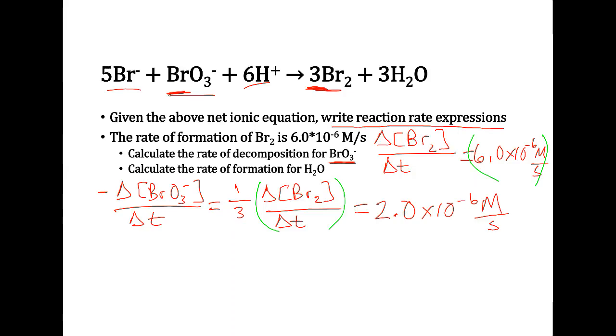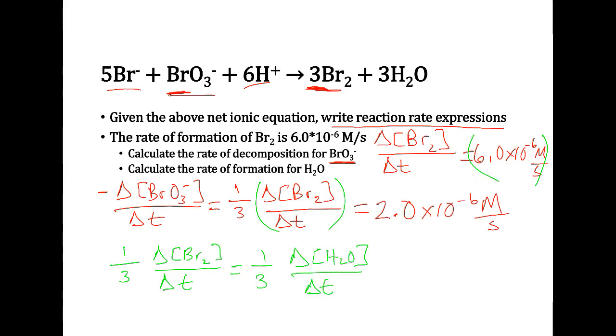If we're looking at the rate of formation of water, we can write out this part of the expression, setting the two equal. We have 1/3 the change in concentration of bromine over the change in time equal to 1/3 the change in concentration of water over the change in time. Well, here this factor of 1/3 is going to cancel out.